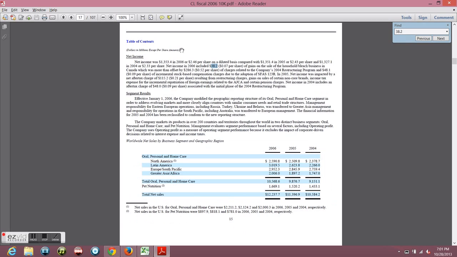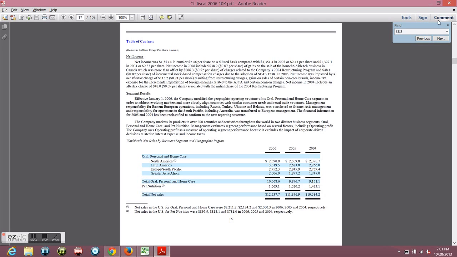Here what we have is net income including 38.2 gains of sale. This is our taxed amount of that gains of sale that we were talking about. How do we know this? Net income in 2006 included 38.2 of gains of sale of household bleach business. That's the same one that we're talking about, which was more than offset by 286 of charges related to restructuring and stock-based compensation.